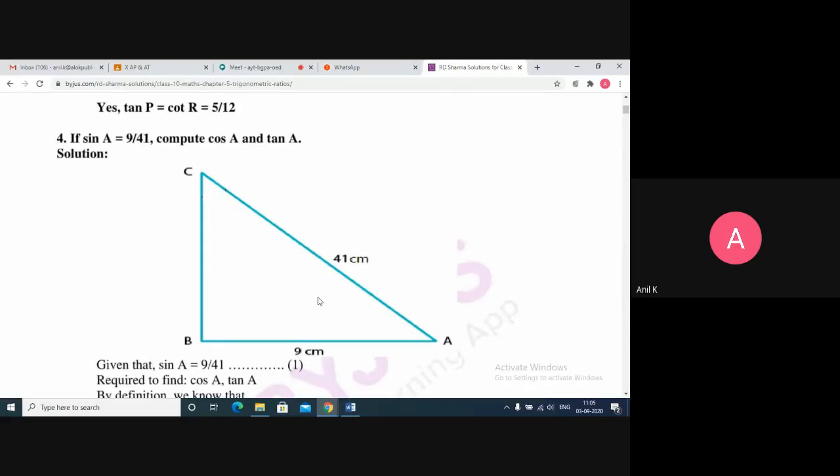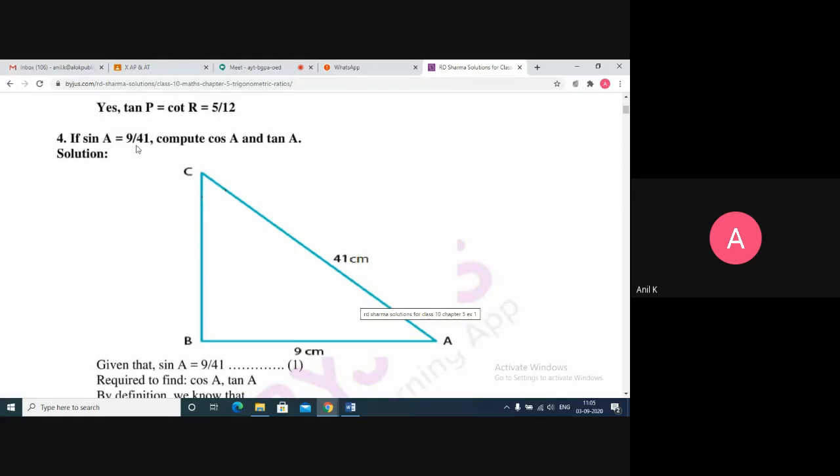Sine means perpendicular by hypotenuse. It's not A, this should be C, because if they give sine A value, your BC value should be 9. The diagram is given a little bit wrong. So instead of sine A, you can take this as sine C.